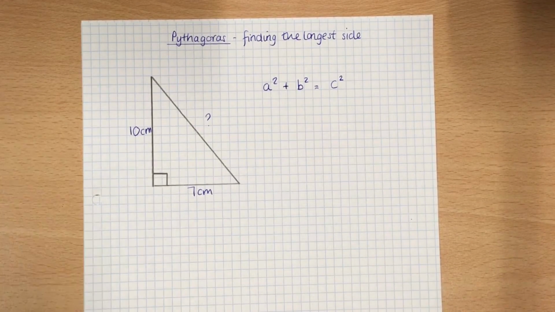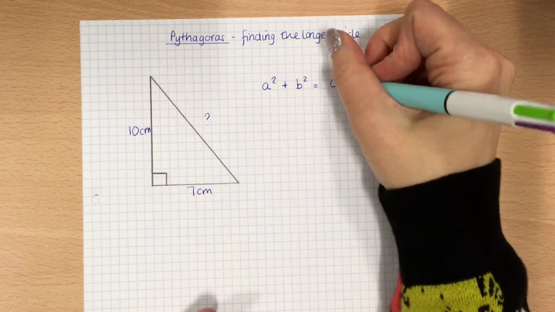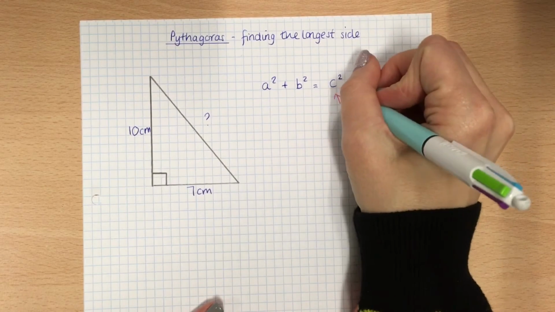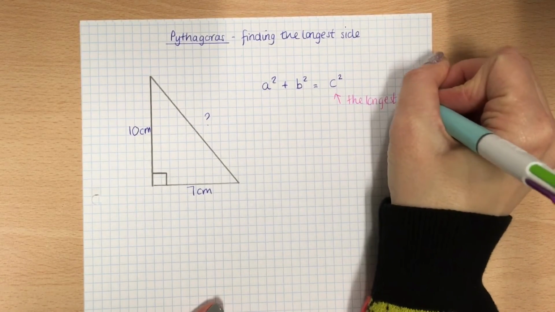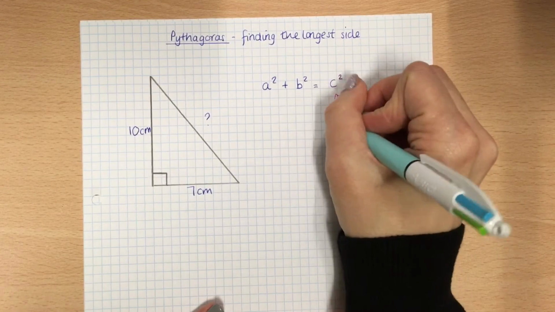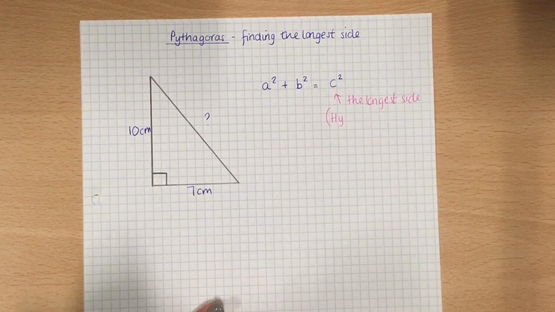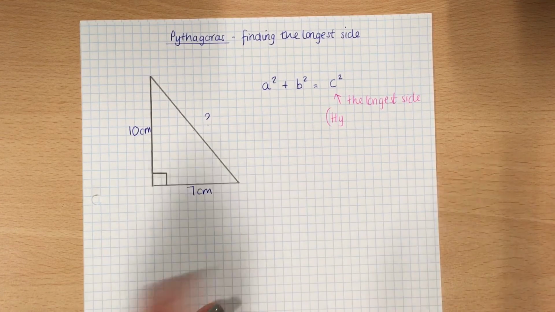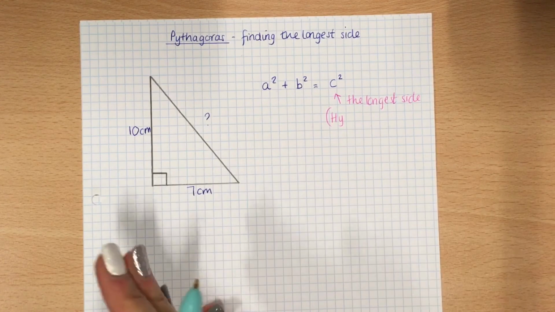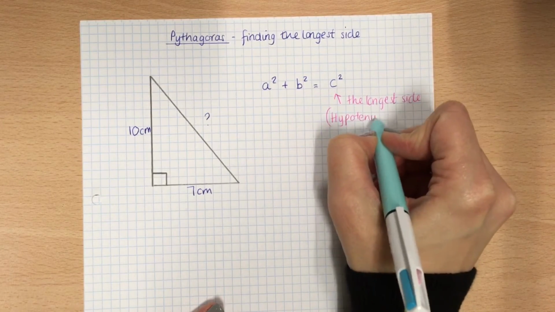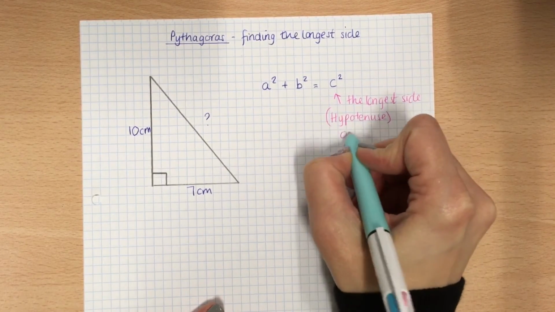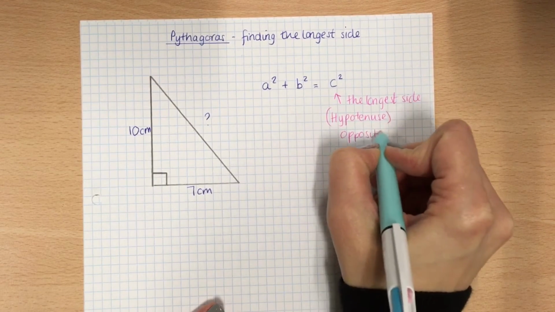Okay, so C represents the longest side on the triangle. Okay, we call this the hypotenuse. Okay, and that will come into discussion when we look at the next part of finding sides and angles in right angle triangles. So hypotenuse. Okay, so this one is always opposite the right angle.